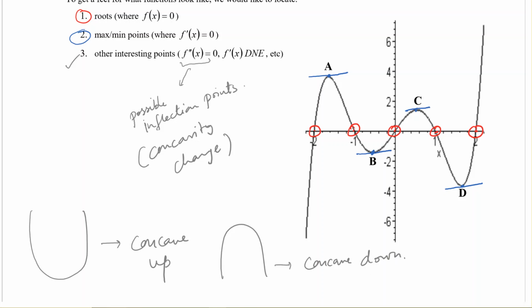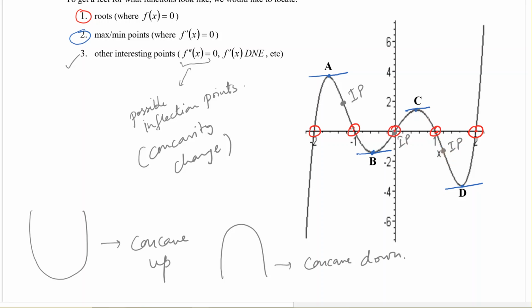So if we take a look at the curve here, we can suspect that it was concave down, then after this point, where we have the maximum slope, it becomes concave up, so this might be a possible inflection point, or this might be a possible inflection point, or somewhere here we might have a possible inflection point.